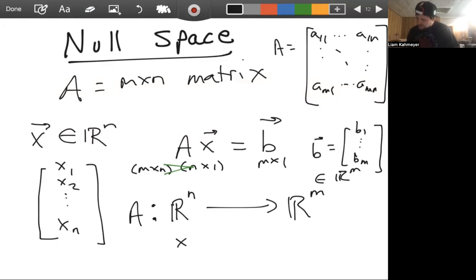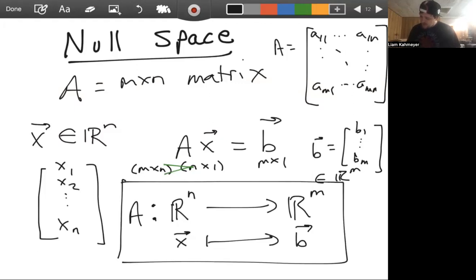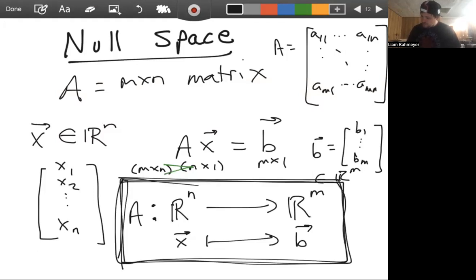A takes X as an input and gives you a vector B as an output. Now, we can understand a matrix as a function in this way here, right? And because we can understand a matrix in this way, we can talk about subspaces. So let me give you some kind of notation and definition here.